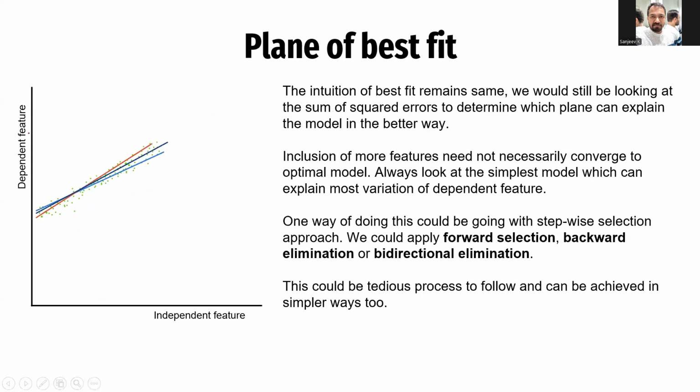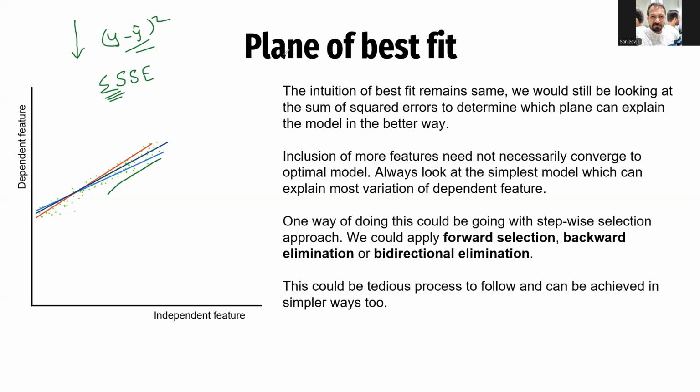I think you remember this slide, wherein we tried to find out which model is good, because all the models are passing through most of the data points. So we discussed that we need to find a model where y minus y hat to the power of 2 should be as low as possible. This is called the sum of squared errors, and it should be as low as possible.